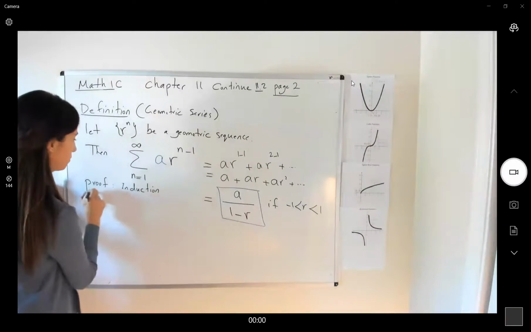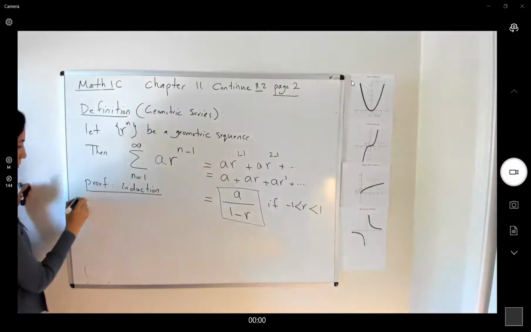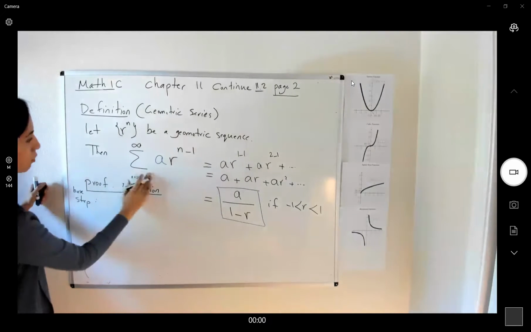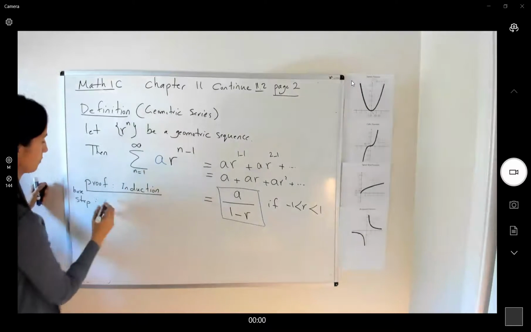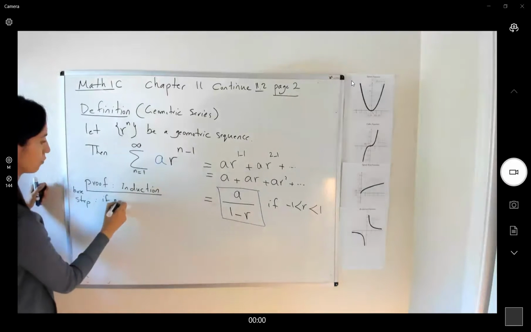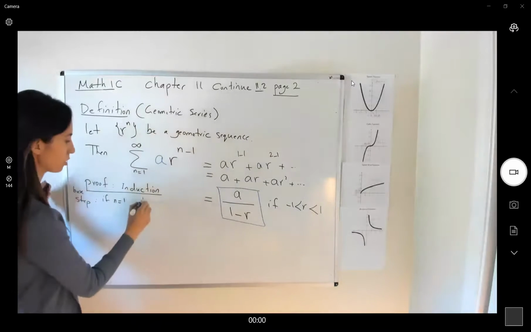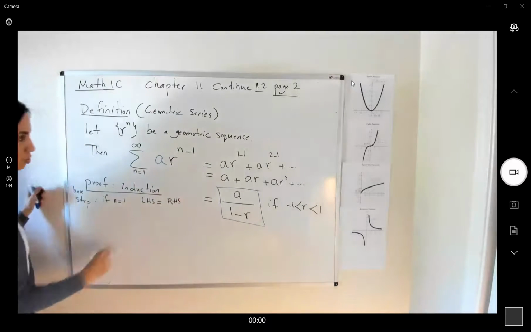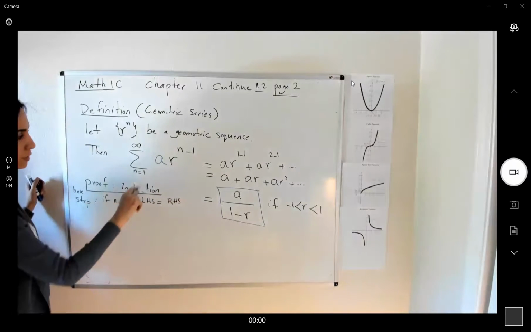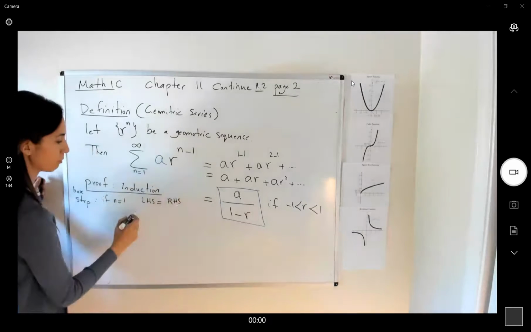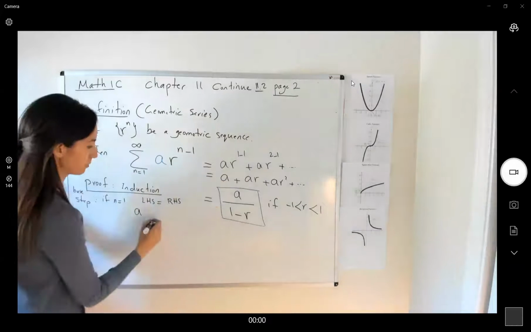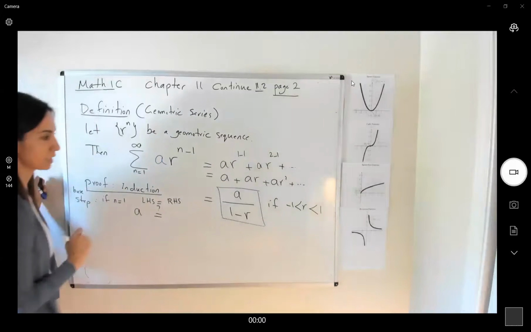Induction. So the base step is, suppose n is equal to 1. If n is equal to 1, we need to show that the left-hand side is equal to the right-hand side. Your left-hand side, with n equal to 1, ends up being the first term of the series, which is a. Is it equal to the right-hand side?